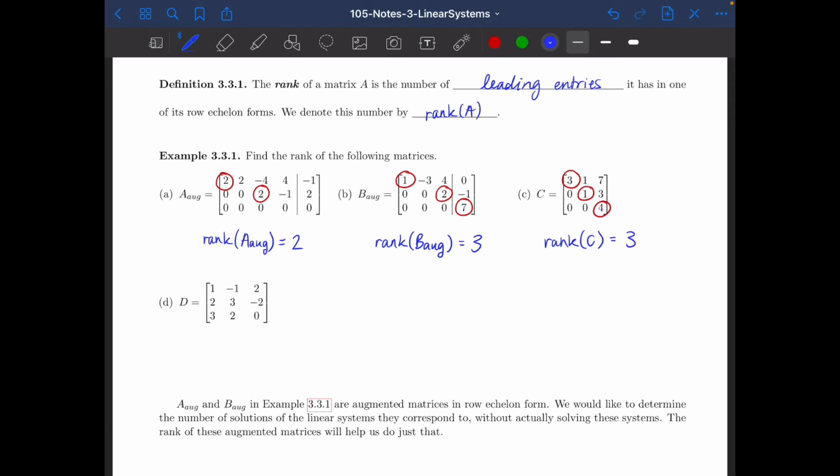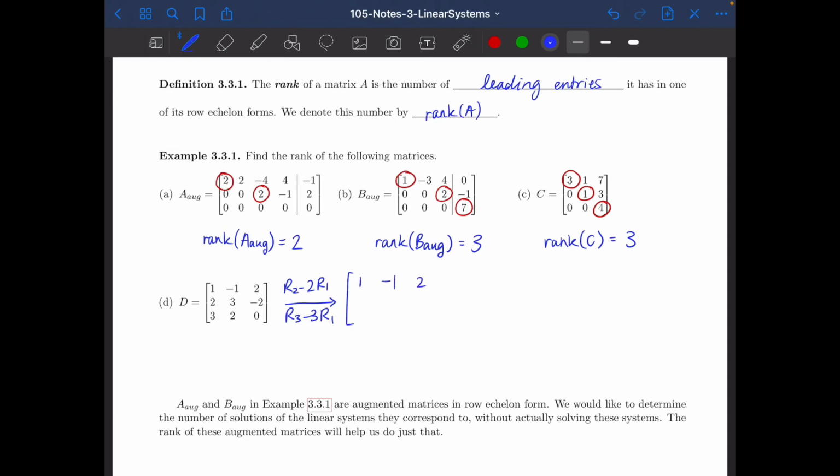In part D, we notice that this matrix is not in row echelon form. In order to find the rank of this matrix D, we first need to find a row echelon form of D. And so we perform elementary row operations. We will use row 2 minus 2 row 1 and row 3 minus 3 row 1. So the first row stays the same, 1, minus 1, 2.